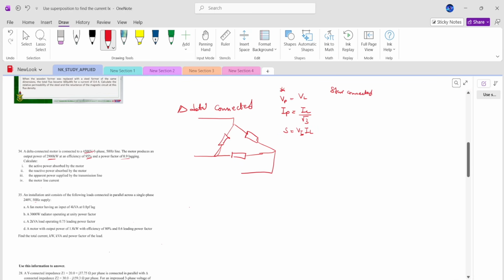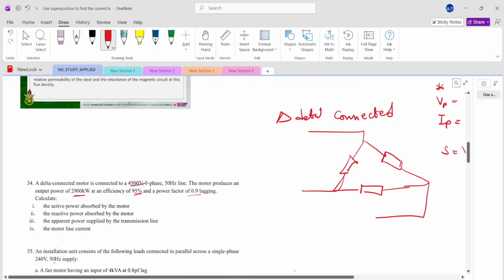When you have a star connected load, you realize your phase current is equal to your line current, your phase voltage is equal to your line voltage over root 3, and S is still VL IL, right? All right. So let's jump back to this question.